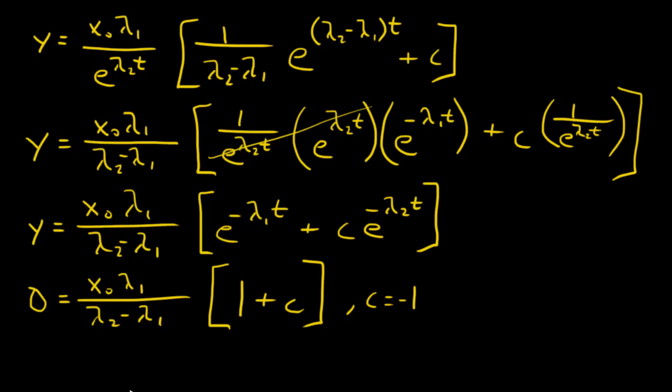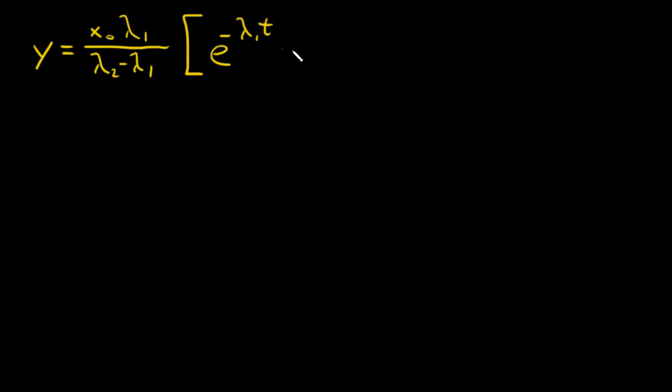So now I have my expression for y, and I'm going to write that on the next page. So here we go. Y is going to equal x naught lambda 1 over lambda 2 minus lambda 1, times bracket e to the negative lambda 1t minus, because the c is a negative 1, e to the negative lambda 2t.